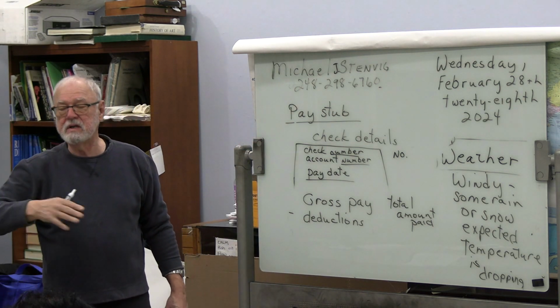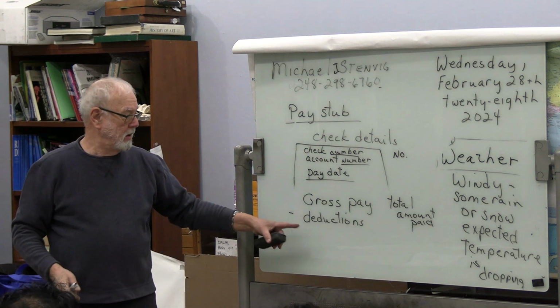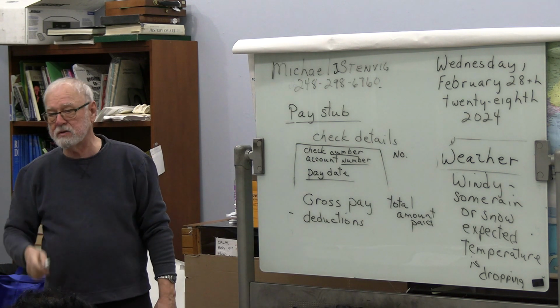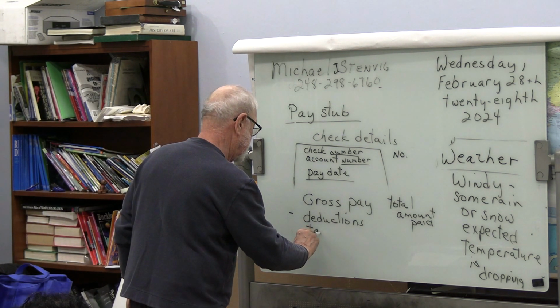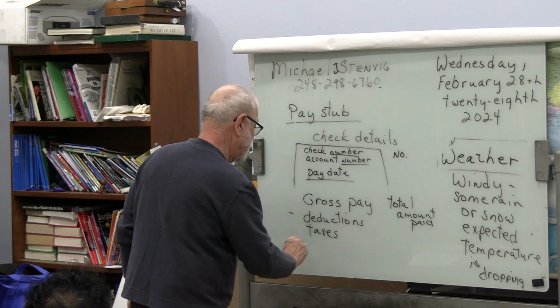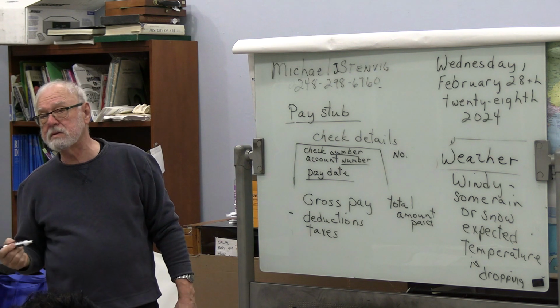Deductions. Deductions means what comes out, what is taken away. What are some of the deductions? Taxes. City, federal, state. What else?